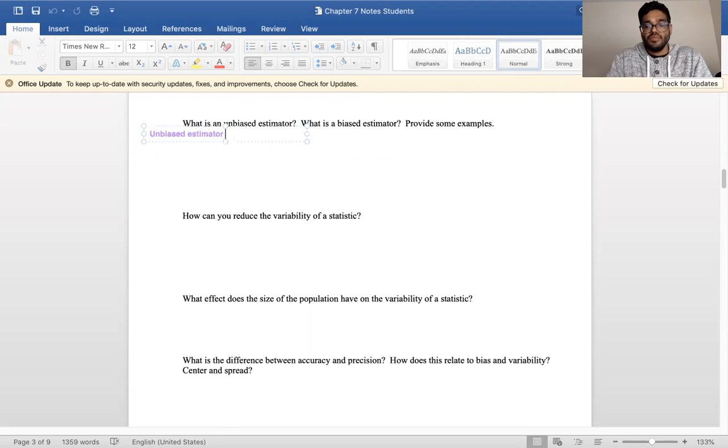So a statistic used to estimate a parameter, so again, parameter being population, is unbiased if the mean of the sampling distribution is equal to the value of the parameter.